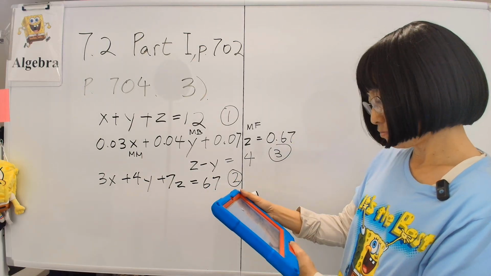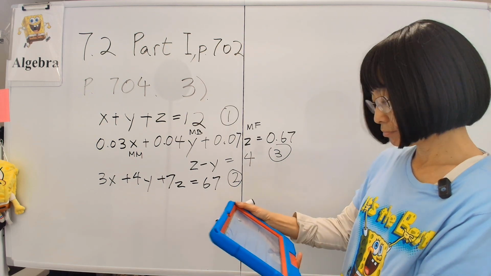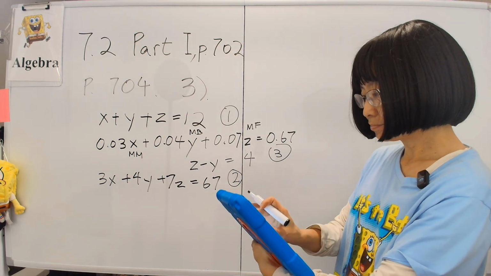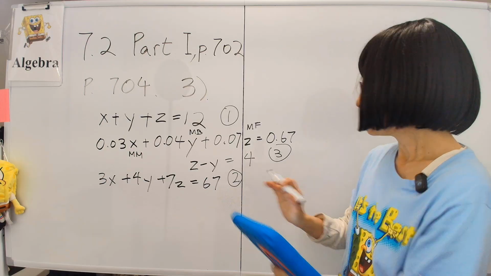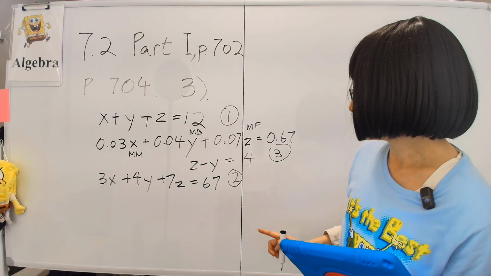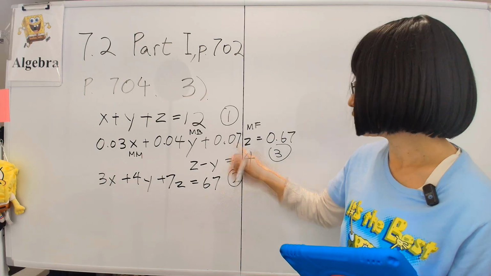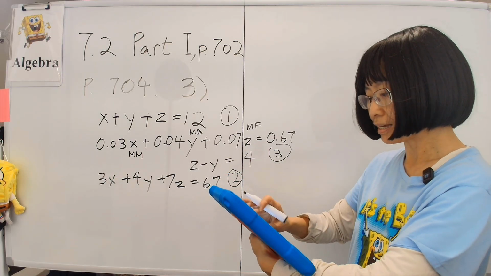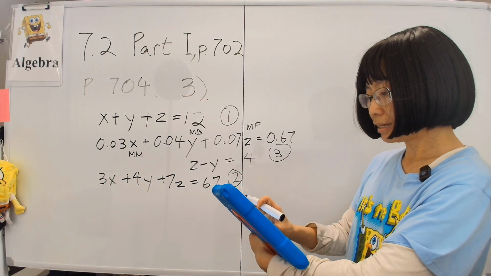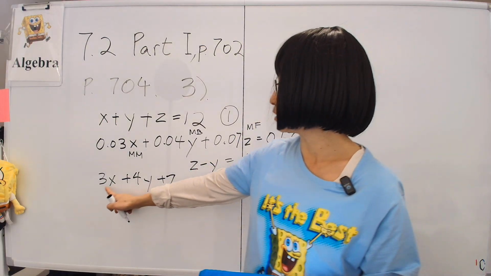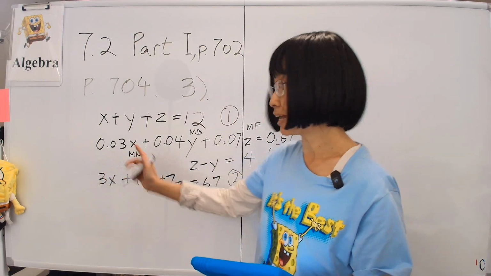Let's add this and that. But first I think we have to multiply by something. Let's multiply equation 1 by -3. That way we can line it up with the +3 here and get rid of it.